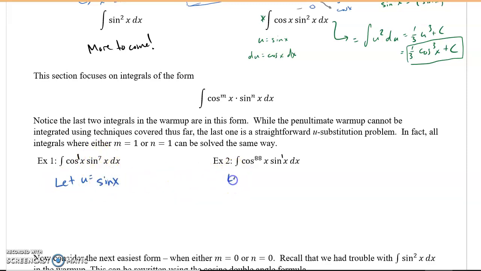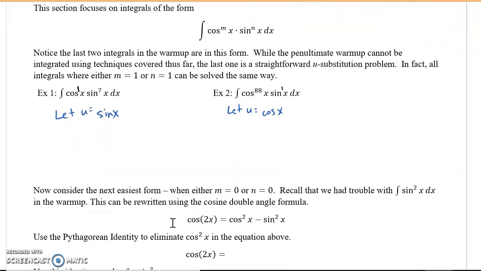And over here we're going to let u equal not cosine to the 88th of x, but just cosine of x. So basically this is going to boil down to integrating u to the 7th du, and this is going to boil down to integrating u to the 88th du, and neither one of those is very hard. They're just inverse power rules. Of course, you're going to have to worry about whether you have a positive or a negative based on your u substitution. I'll let you work on those on your own.